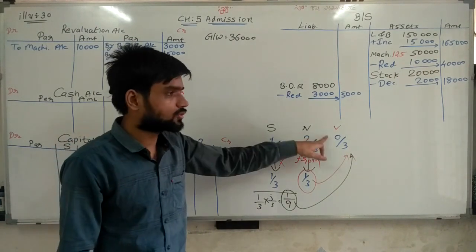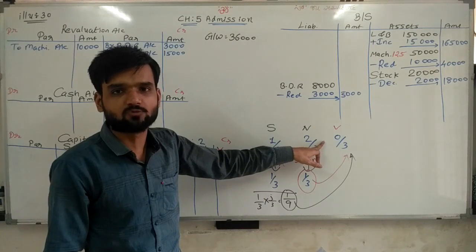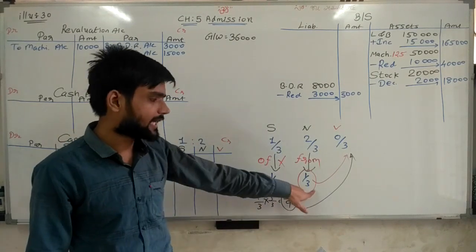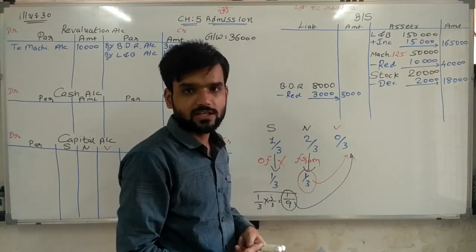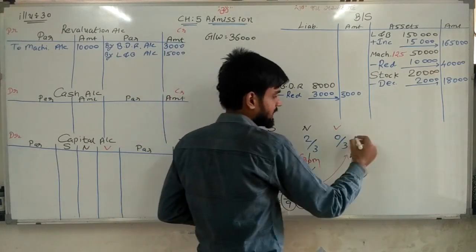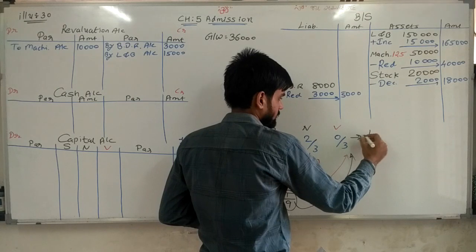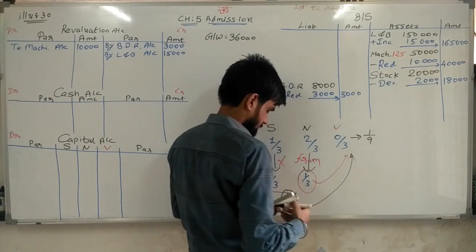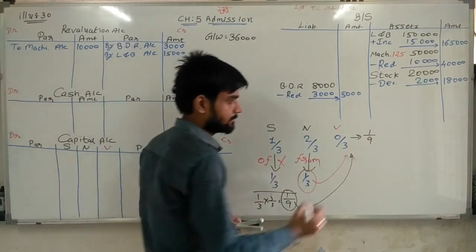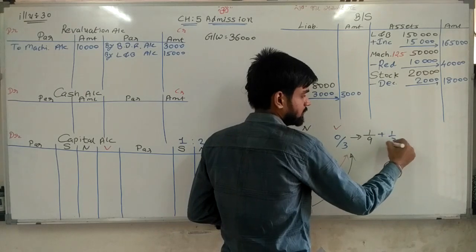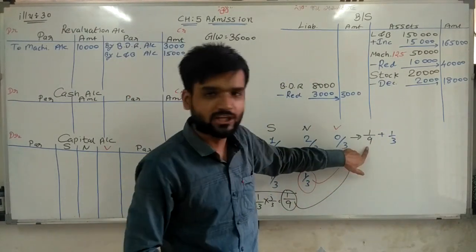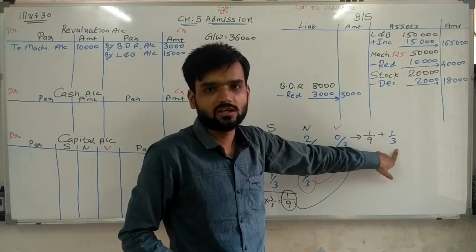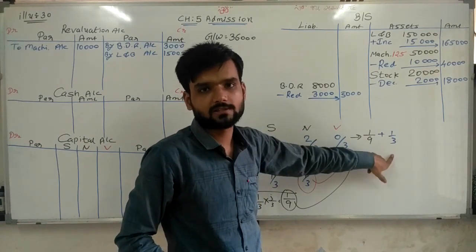Now the total ratio received by Vijay is what? So 1/9 plus 1/3. So I am finding Vijay's ratio. Vijay gets 1/9 plus 1/3. Now we can directly calculate. Here 9 denominator, here 3 denominator. So make it the same first.